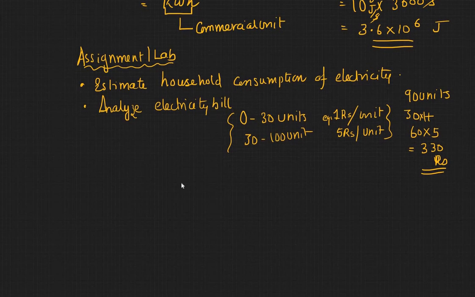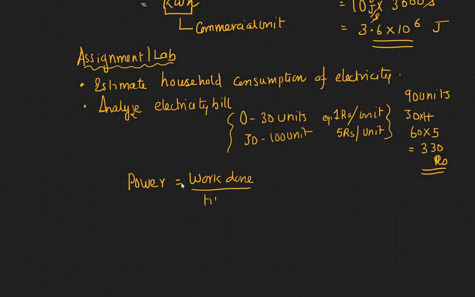So here's a net summary of key takeaways from this chapter. The first thing is, power is work done by time, or you can also say it's energy consumed, in the context of electrical equipment, per unit time.